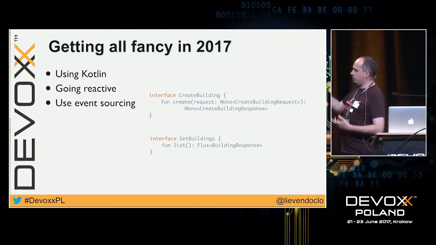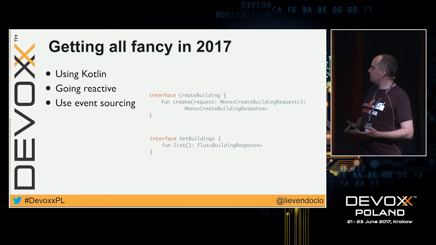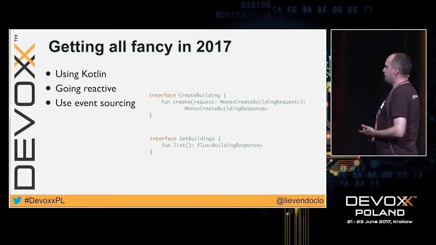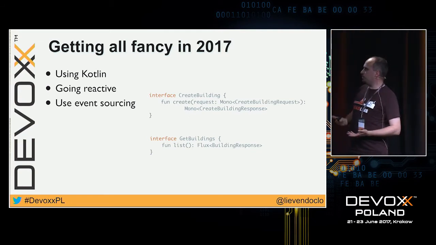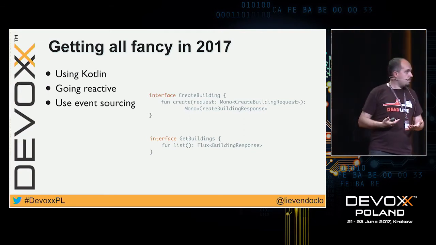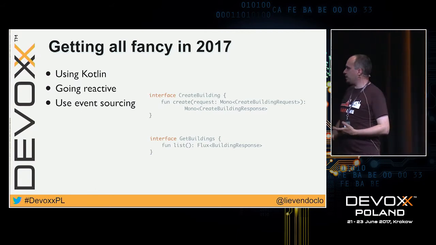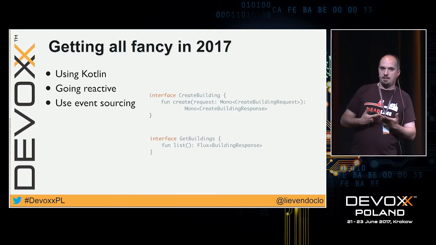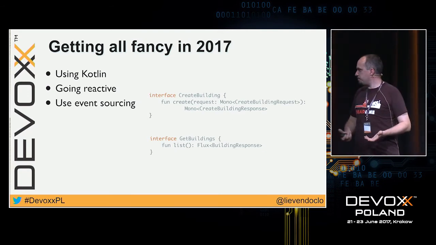The example here is, if you have your use case, the create building, implemented with Kotlin and using reactive. For the people that went to the last session, they know what a Mono is, just a single result, and a Flux is a reactive flow of multiple results.